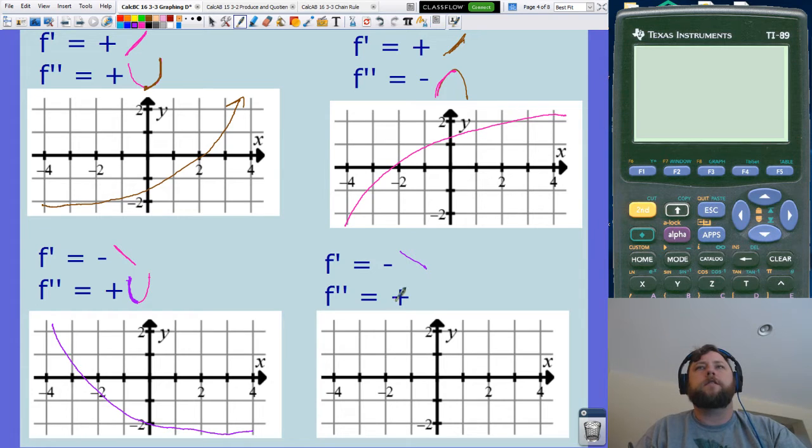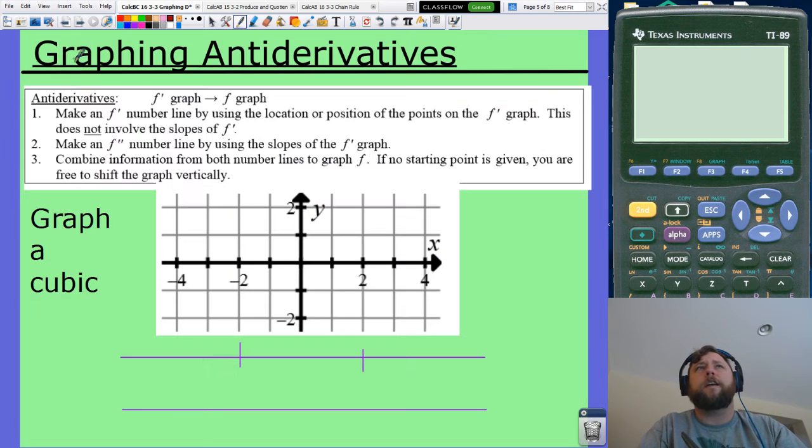Wait, this should be negative. So it's going to be concave down. And if it's concave down and decreasing, we're talking about the right-hand side of this concavity. So the shape should look like that, decreasing and concave down. So use these as a guide to figure out what shapes of derivatives look like.